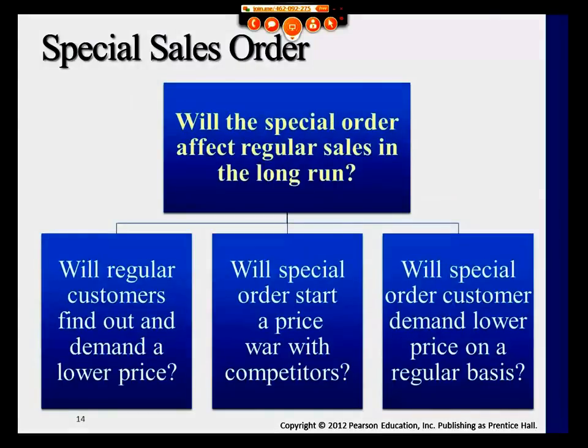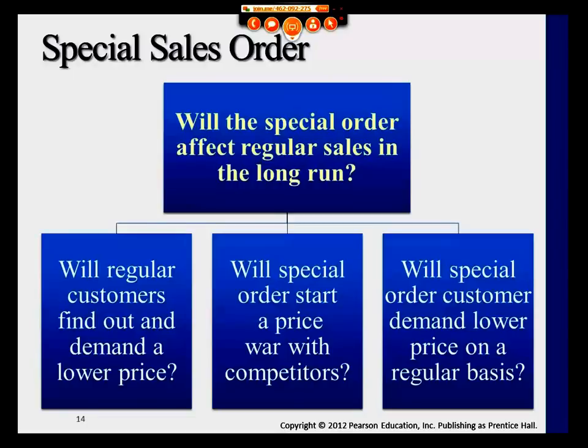Will the special order affect regular sales in the long run? So here we'll have to split it into other questions. Will regular customers find out and demand the lower price? We have to understand that because we can get some customers very upset. Will special orders start a price war with competitors?